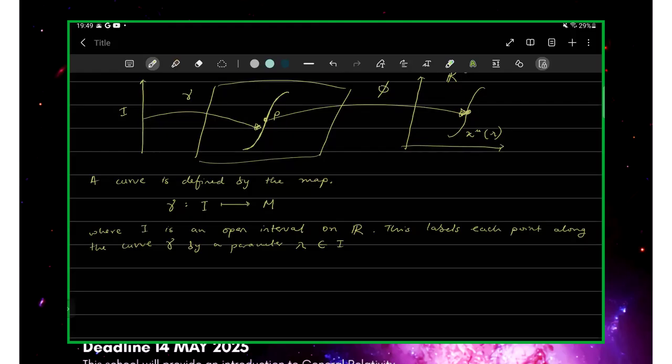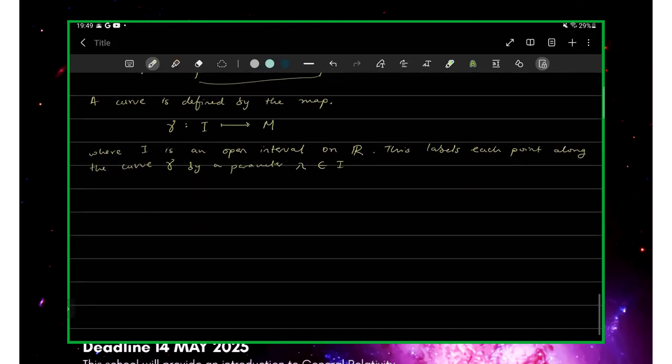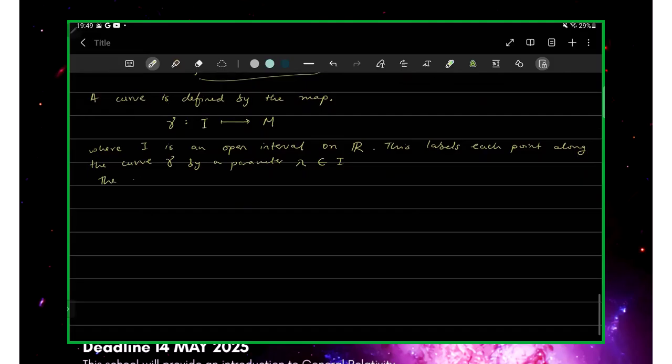If I have a composite map, let's consider the composite map phi composite gamma. What would this give you?